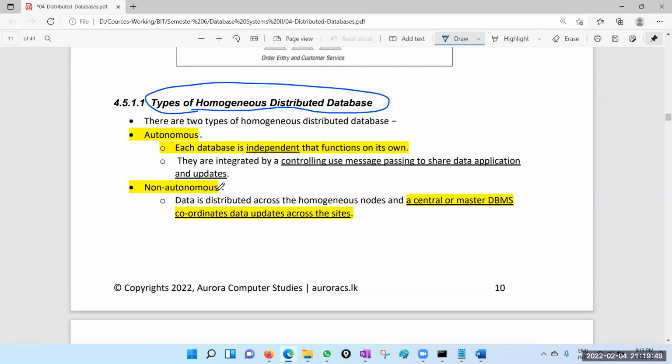So then we say our homogeneous distributed database is autonomous. Non-autonomous means there's a central master database. Other sites are under the control of the main master. So then you don't have the autonomy. So that master site does the coordination. Okay, so then we say it's non-autonomous.